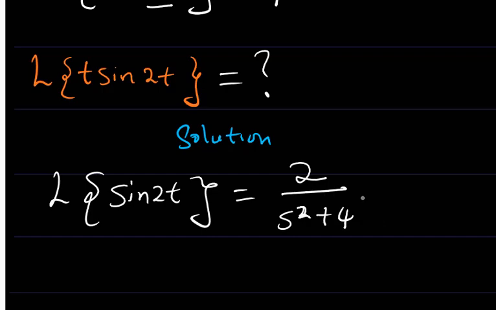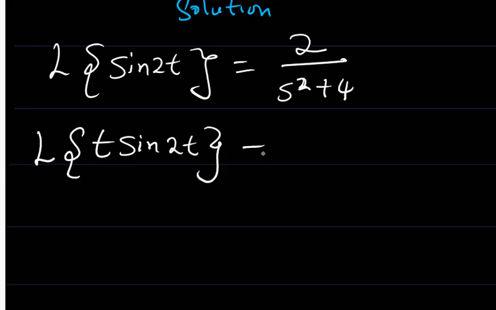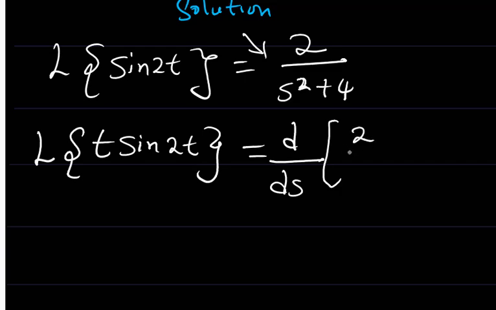Now extending it to the Laplace transform of t sine 2t, what I'm going to do is find the derivative of this with respect to s. That is d ds of the function 2 all over s squared plus 4.